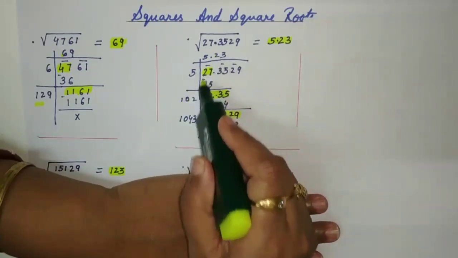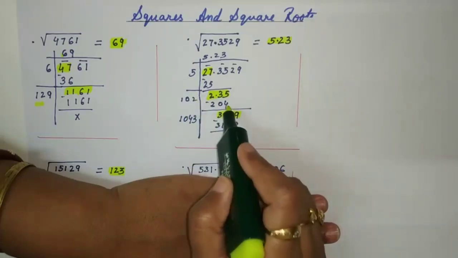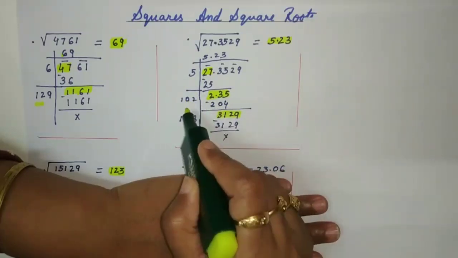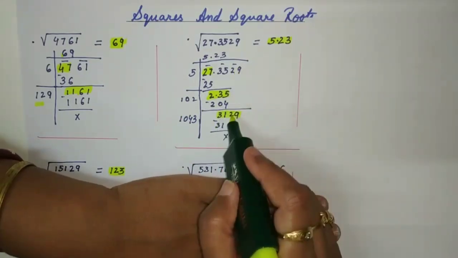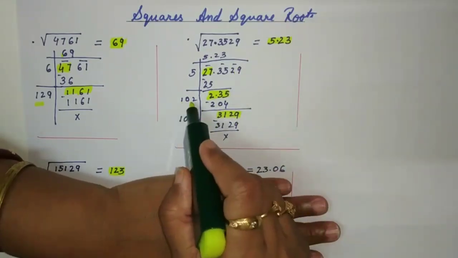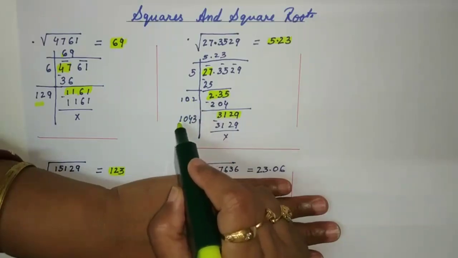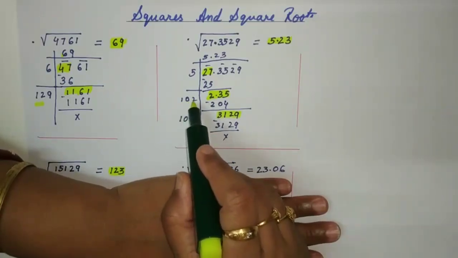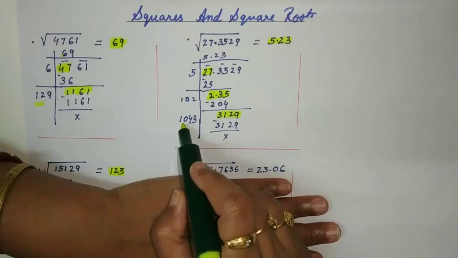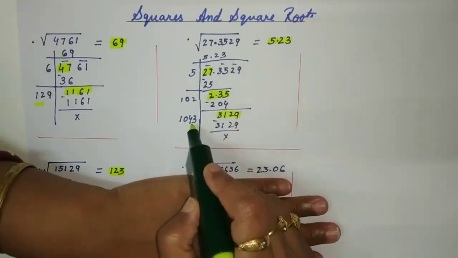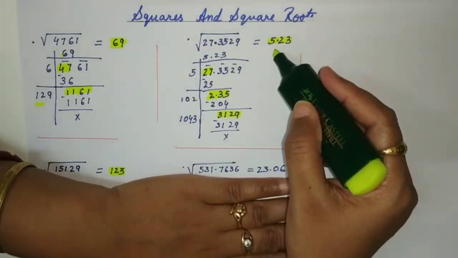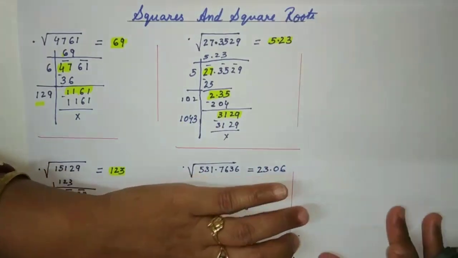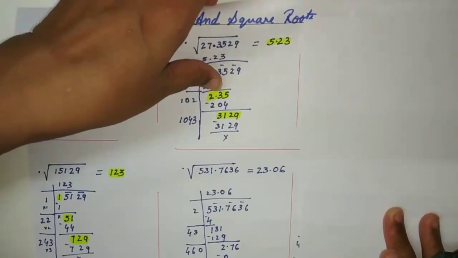The new number which is added is 2, so into 2. 2 2s are 4, 2 zeros are 0, 2 1s are 2. The difference is 31 and 29 comes down. 202 plus the new number 2 is 204. The next number is 3, 3 3s are 9, 3 4s are 12, 3 1s are 3. The answer is 5.23. I have taken the example of another decimal number for you all.